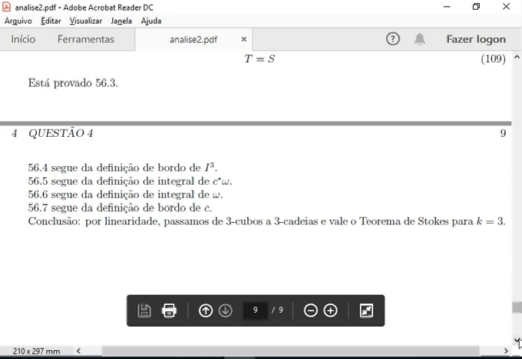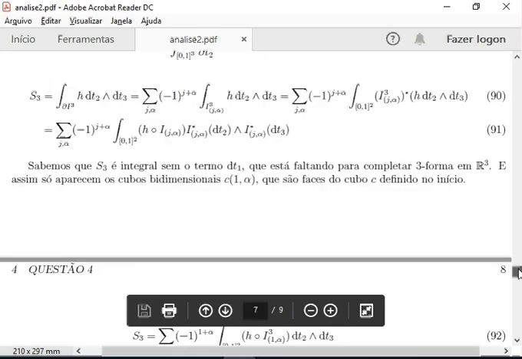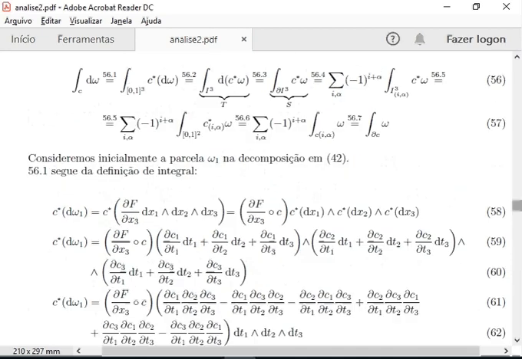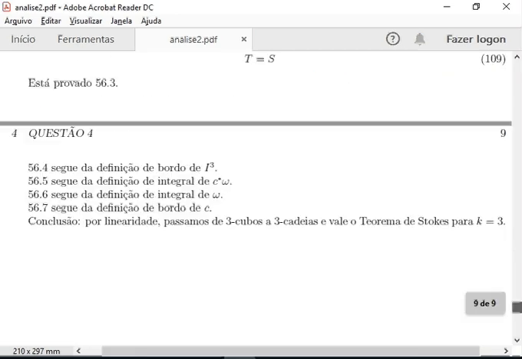Definition of integral of pullback of c omega. The integral of the pullback is the sum of the integral of the pullbacks over the faces, the 6 faces. Each face is the image of a square [0,1] squared. Now 56.6.